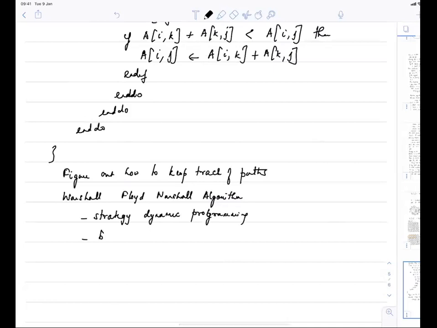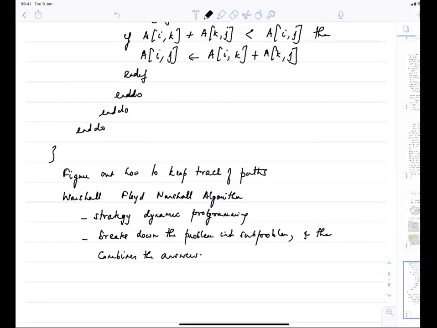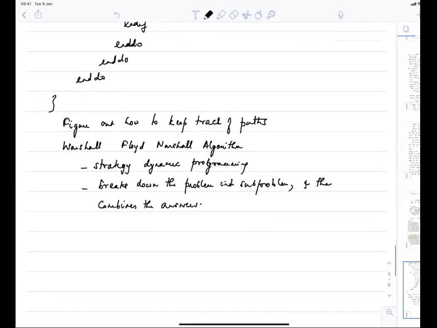It breaks down the problem into sub-problems and then combines the answers. Let me tell you what I mean by that. And it's extremely useful in networking, where again you're looking at shortest path.